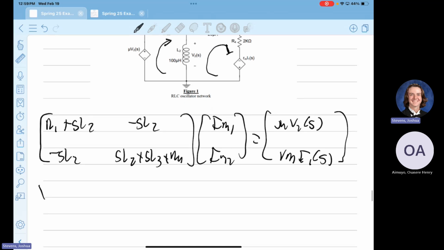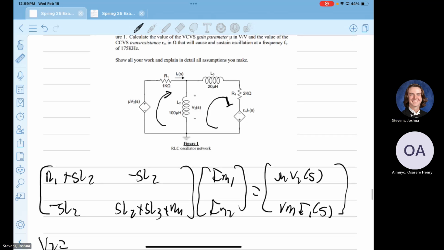All right. What does V2 equal in terms of this circuit? In terms of mesh currents, what does V2 equal? I agree with that.